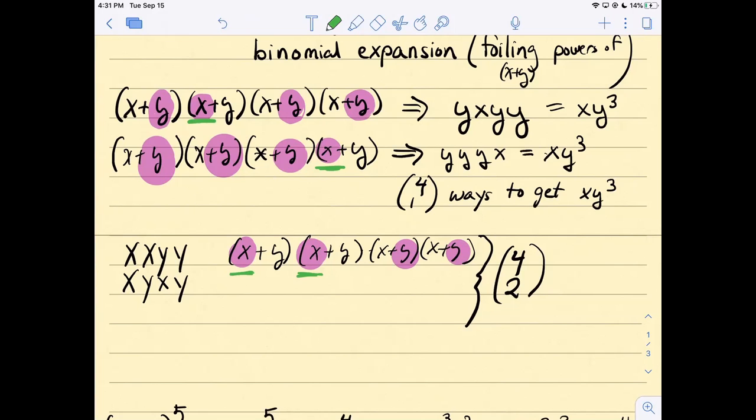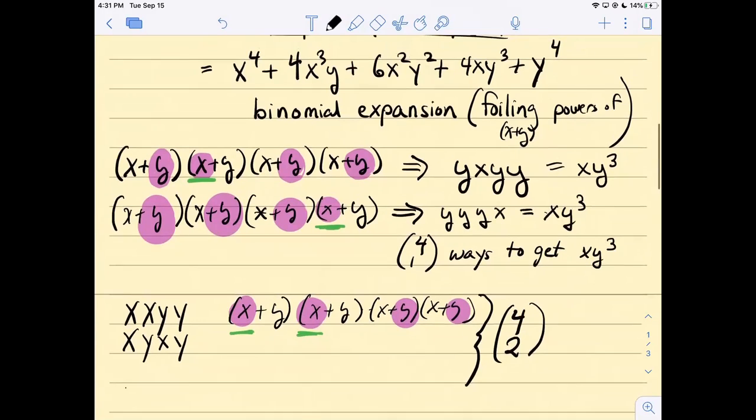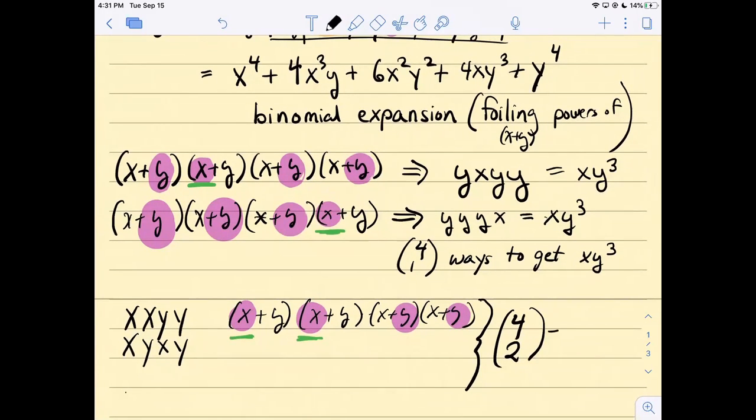So the number of words that have 3 x's and 1 y is also going to be 4. And 4 choose 2 is 4 times 3 all over 2 times 1, which is equal to 6.